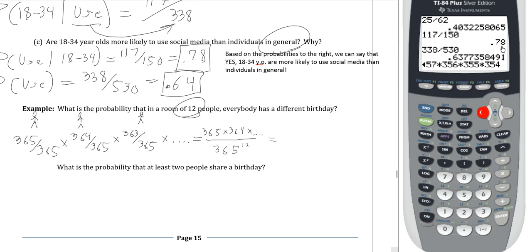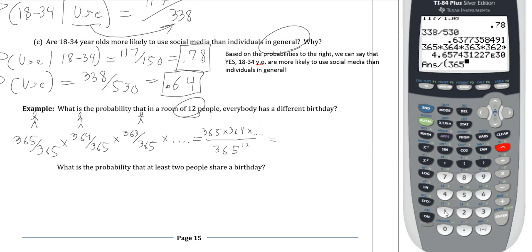All right, now if we calculate this, it's going to give us a really large number. Yep, it's a large enough number that I can't even write it down. What I'm going to do is simply take that and divide that large number, being careful, with parentheses, by 365 to the power of 12. There we go.